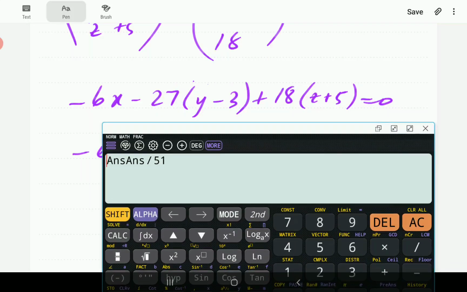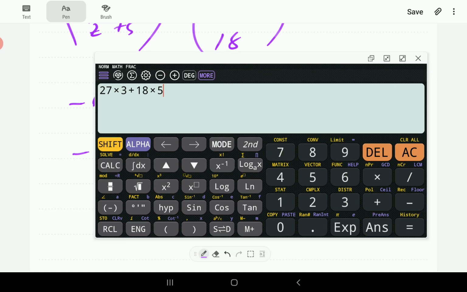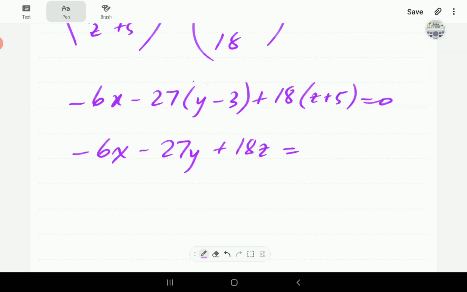Going to be 171. But since it's going to be on the other side, it's going to be -171.